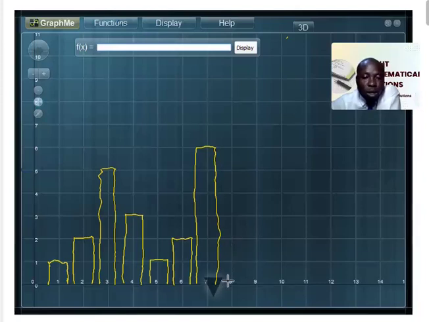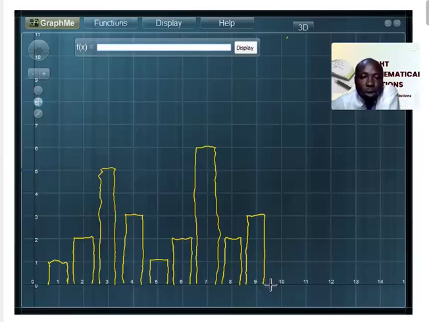When x is 8, our frequency is 2. So when x is 9, our frequency is 3. So please, this is a sketch.